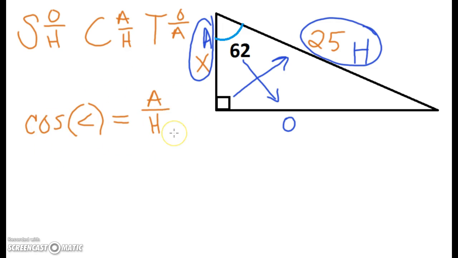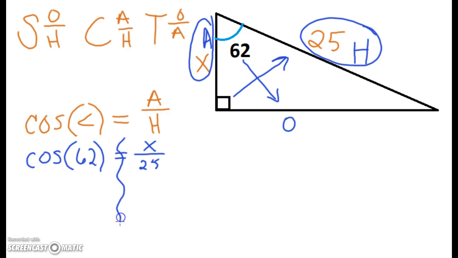So if I were to write this out with my numbers plugged in, the cosine of my angle, well, my angle is 62, is equal to, and cosine is A over H. So for us, that's going to be X over 25.